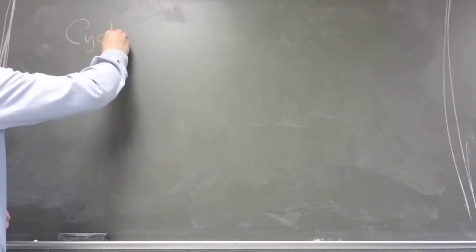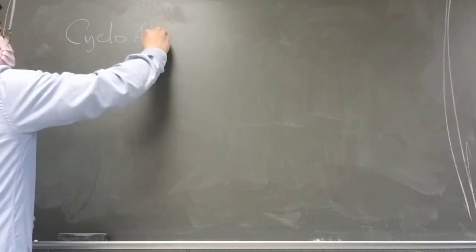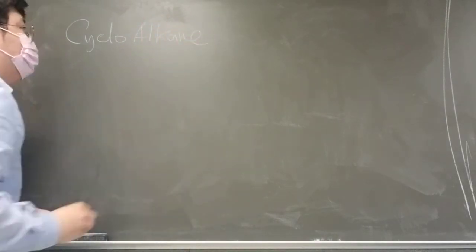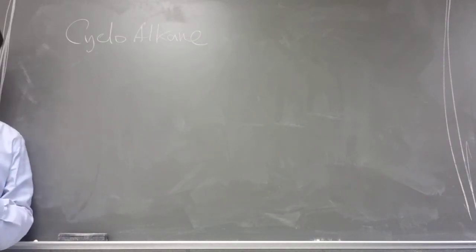So let's move on to chapter 4. Chapter 4 is all about the cycloalkanes. One thing we need to know is that they will be in a ring structure.